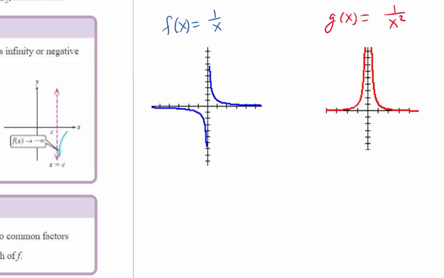Notice that in both cases, both of these graphs approach the y-axis, but they never actually touch the y-axis. This is what we call a vertical asymptote of the graphs of the functions.